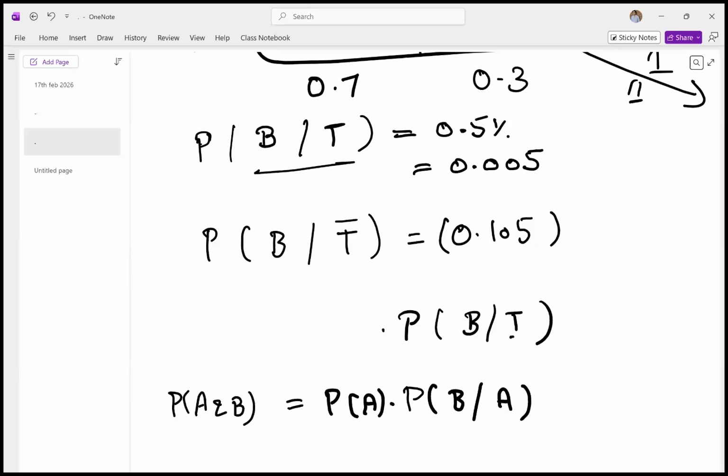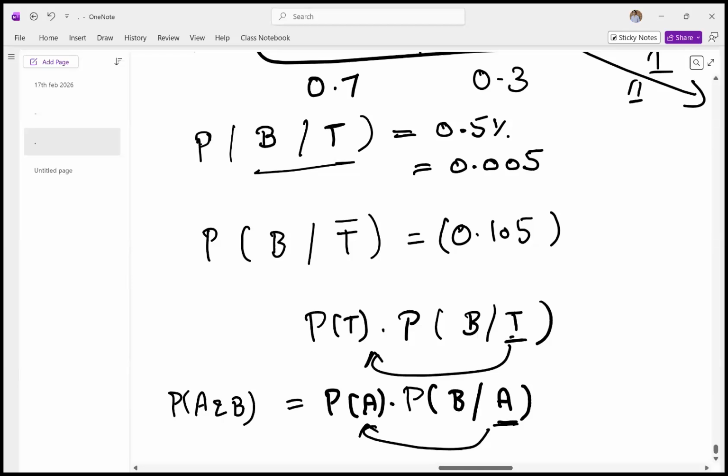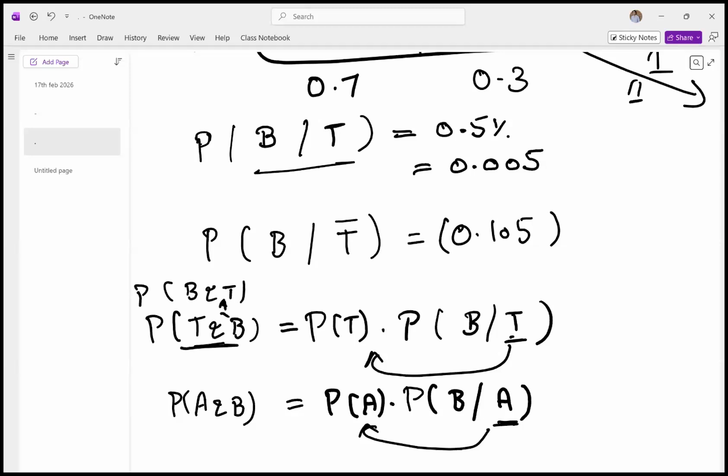A comes first here and T is second, so I multiply by P(T), which gives T and B. You can write it as B and T also, P(B and T); it won't make any difference.